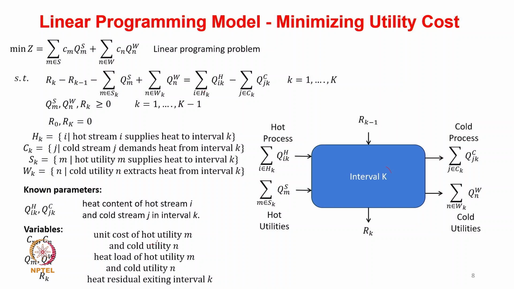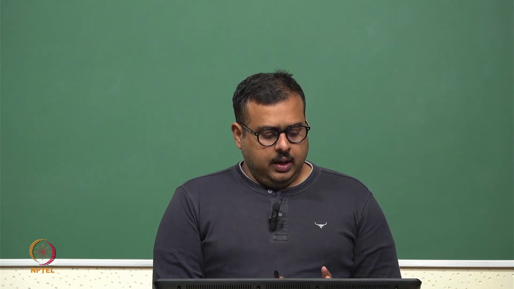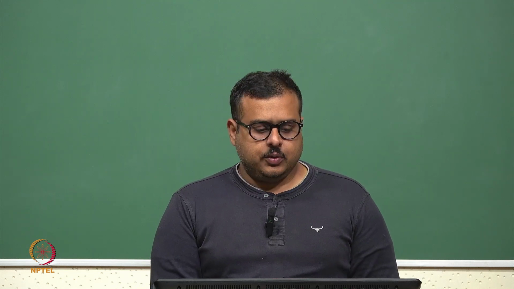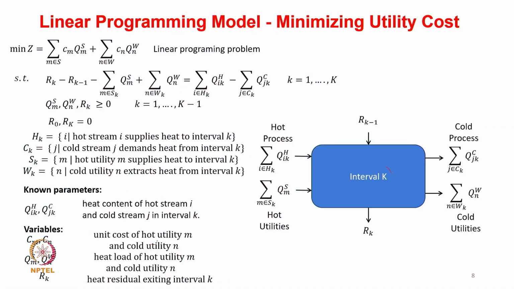This is the appropriately formulated problem. You feed that to the optimizer, and the optimizer would give you the values of the unit cost of hot utility and cold utility and the residual heat, and correspondingly you can find the heat load of hot utility and cold utility.